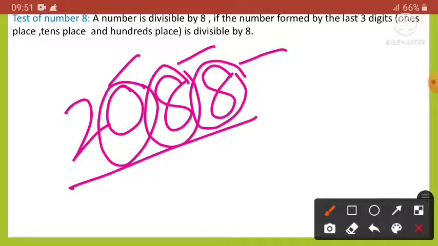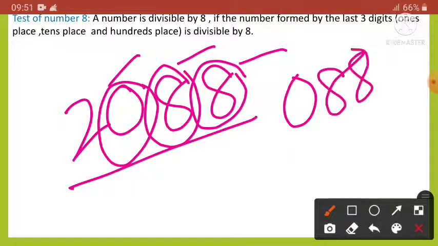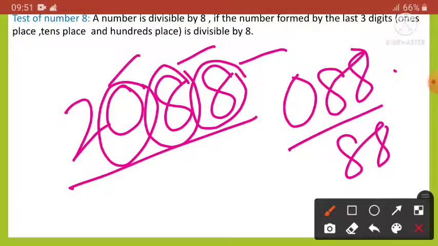So the number is here 088. Now we can write this number as 88, because the 0 before the number is negligible. We can omit it.